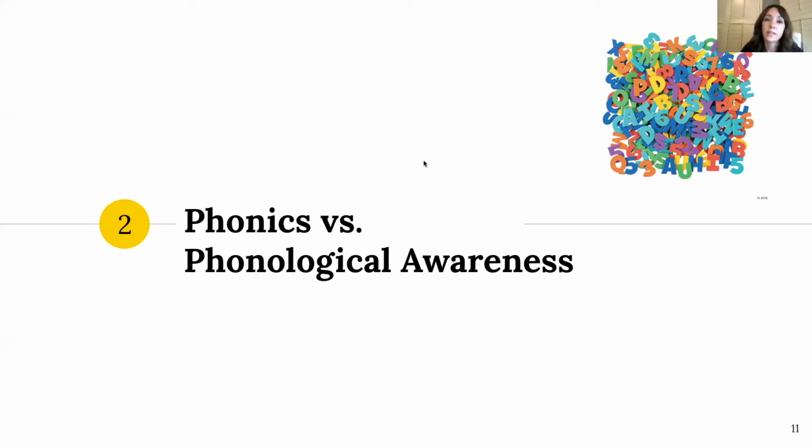So if this is not taught, if it's neglected, then it's not going to just be made up out of nowhere. If we don't fill that gap and we don't teach it, there could likely be a reading problem that's lifelong. So it's very important that we understand what is phonological awareness so that we can teach it and support that area.